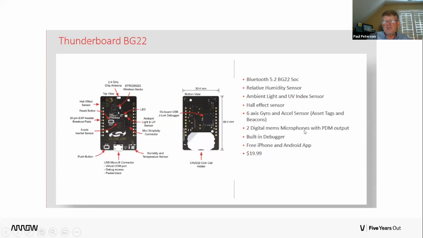What's interesting is that many of our suppliers will give you examples. This shows free iPhone and Android app software that you can leverage in your own design. It's a very low price point of entry to use one of these modules to get you started in Bluetooth 5, 5.1, or 5.2.